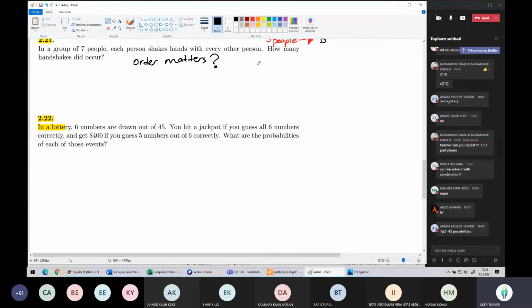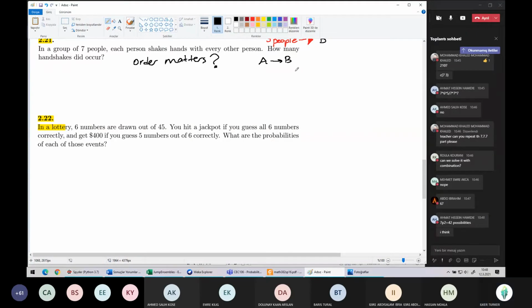So let me ask you, we have a group of 7 people. Person A handshakes with person B. After that, do we expect B will also handshake with A? Or will they handshake twice?